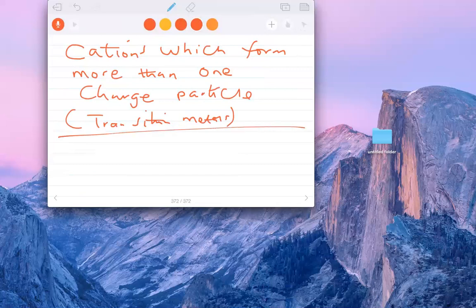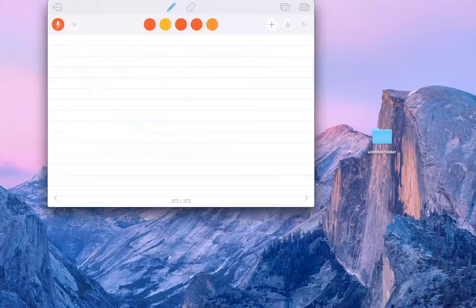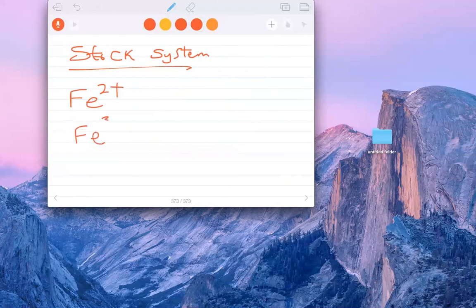Here, we use what? We use the Stock system. That's what we call the Stock system. The Stock system uses a Roman numeral to indicate the charge on the cation. You can have this: this is iron 3, and this is iron 2.